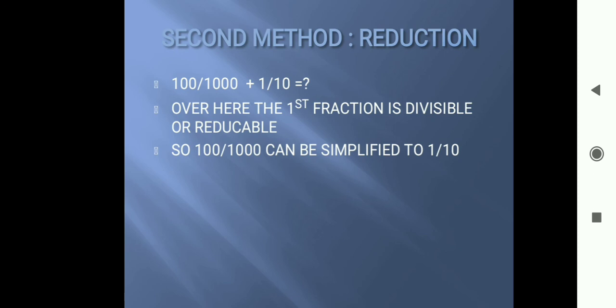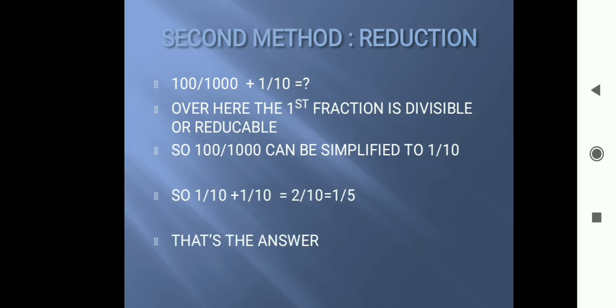So if you are given a sum where the answer is 100 upon 1000, you need to simplify it. For that you need to reduce it. How can we do that? Just by division, as you do. So 100 divided by 1000, that is 0.1 or 1 upon 10. That's so simple.